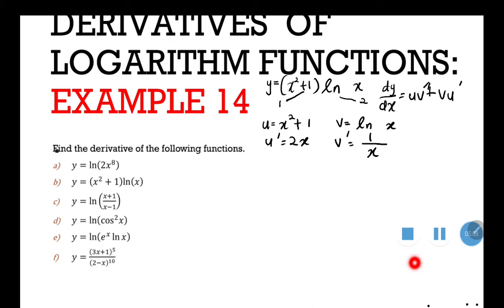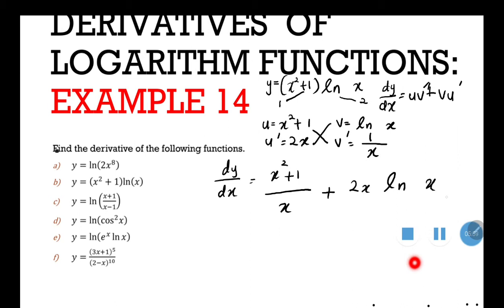So for this one here, dy/dx is u v prime, x squared plus 1 over x, plus v u prime, 2x ln x. And this is the final answer.